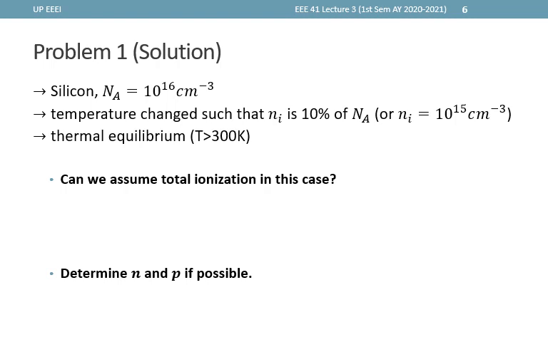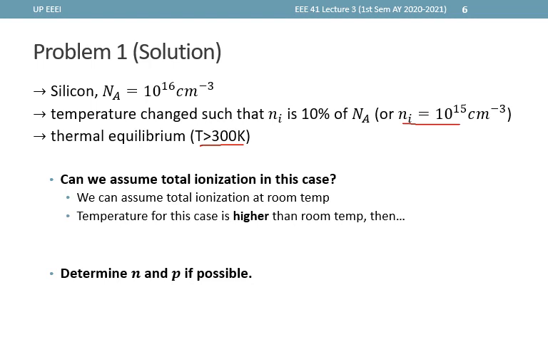Okay, so here we just note that we already deduced that the temperature is greater than 300 kelvins and computed that Ni is equal to 10 to the 15. Now, can we assume total ionization in this case? So recall that at room temperature, we are already allowed to assume that total ionization happens. So since we are dealing with some temperature greater than room temperature, then it would still be valid that the total ionization assumption can be used.